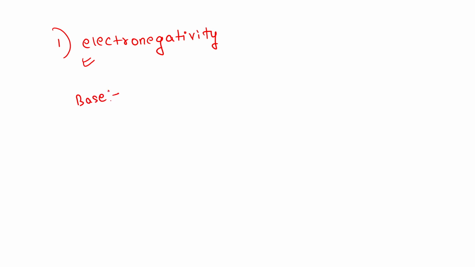But if any molecule has high electronegativity, then it attracts electrons more strongly, and hence it will not be able to donate electrons. So if an atom has high electronegativity, its basicity would be less.